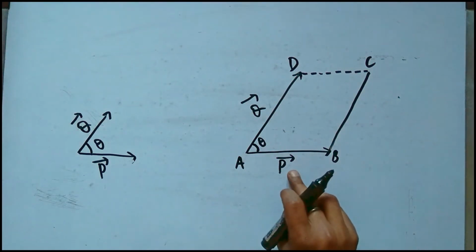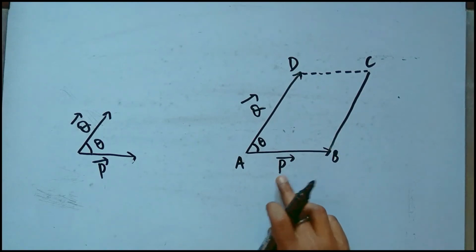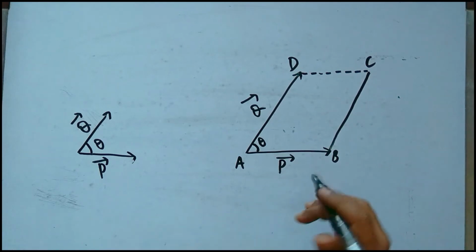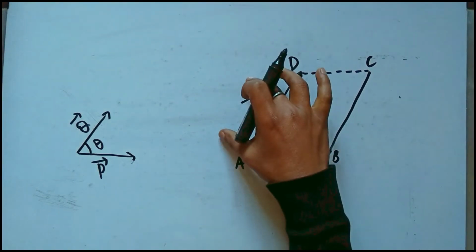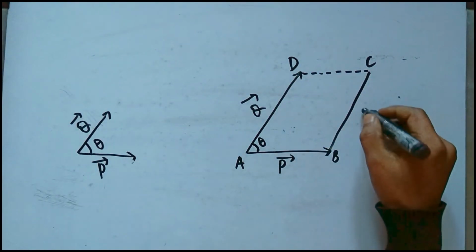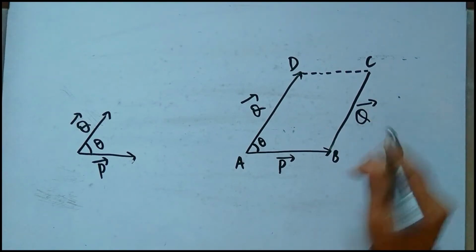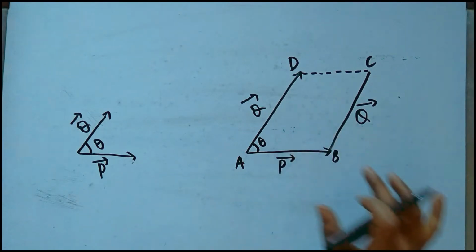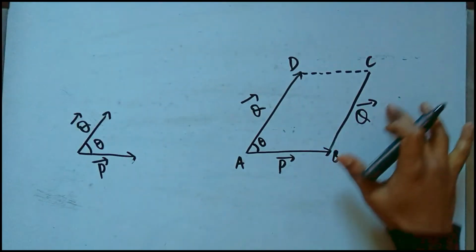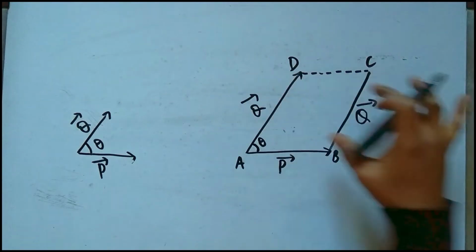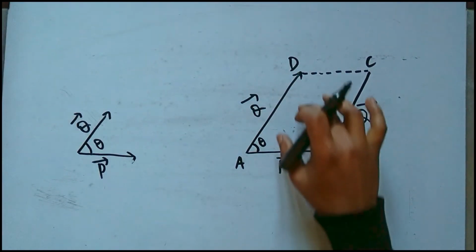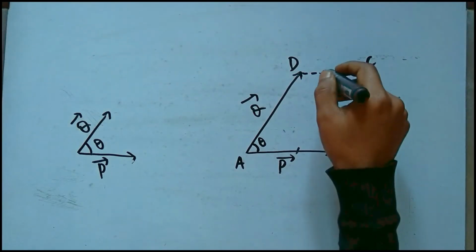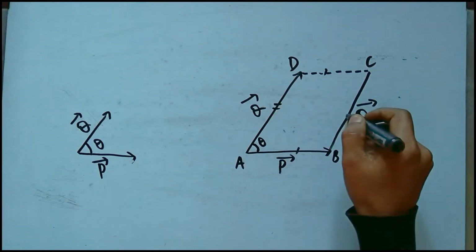Now by parallelogram law of vector addition, P and Q should be in same order, the third point. So we can represent this vector Q with this vector. So this vector and these vectors are equal vectors because their directions are same and the magnitudes are same because the opposite sides of a parallelogram are equal.